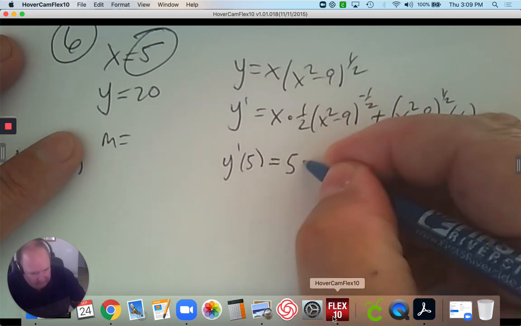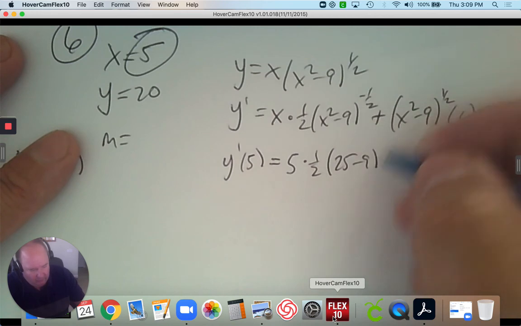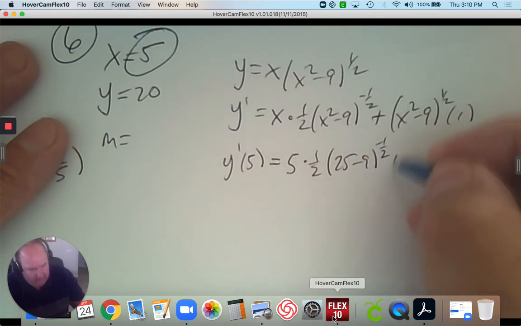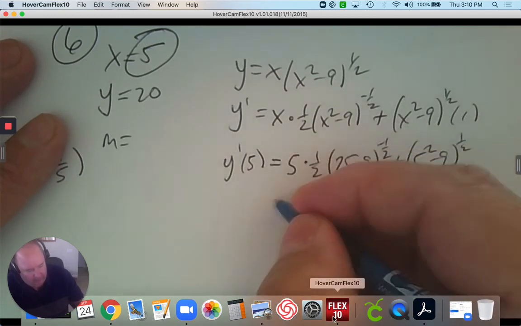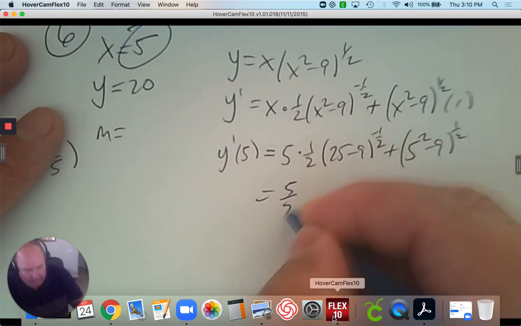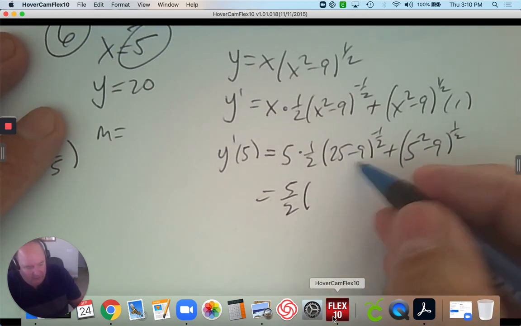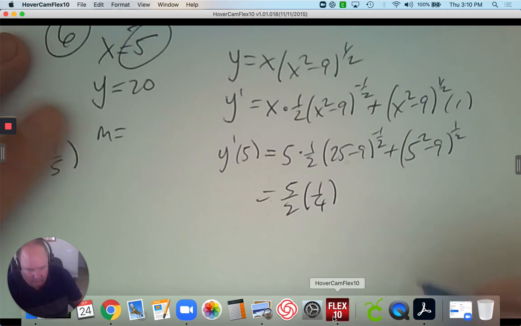So 5, 25, take away 5 squared is 25. All right, so let's work through that. Wherever there's an x, plug in 5 and simplify it. So I got 5 over 2. Here I got 16. Now the square root of 16 is 4, but it's the reciprocal.